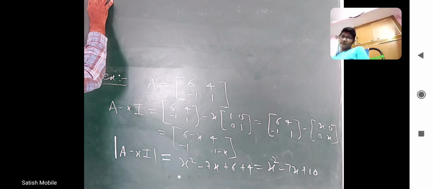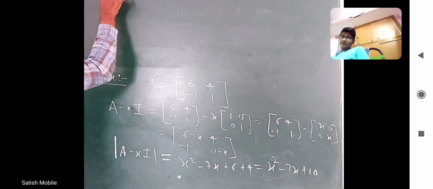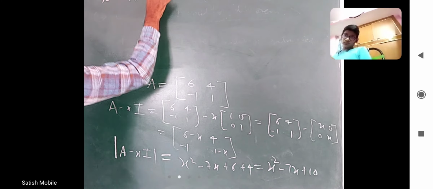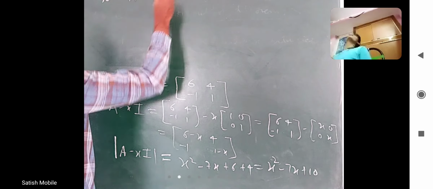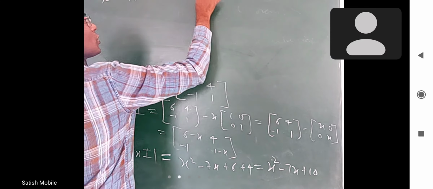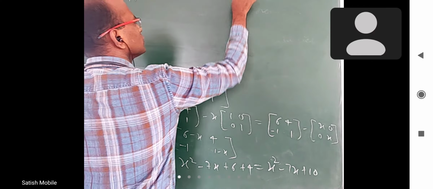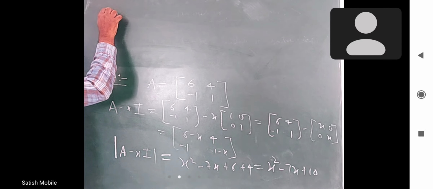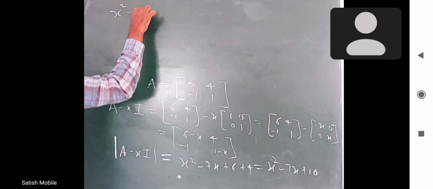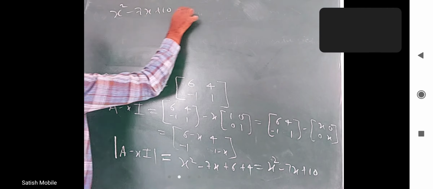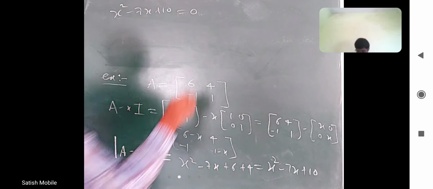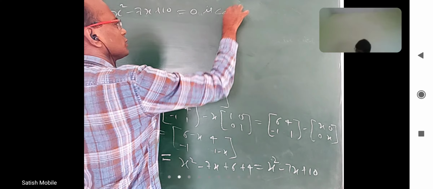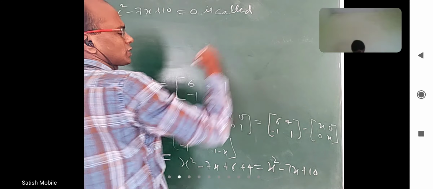Okay. x square minus 7x plus 10 equal to 0 is called, oh, okay, because I wrote it here. Write down, not a problem. x square minus 7x plus 10 equal to 0 is called the characteristic equation of this matrix.